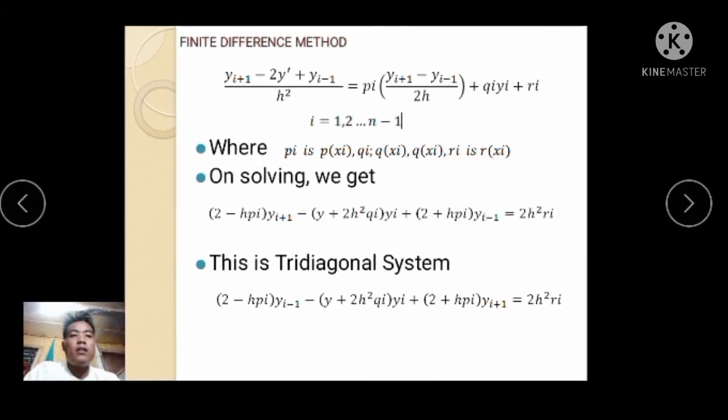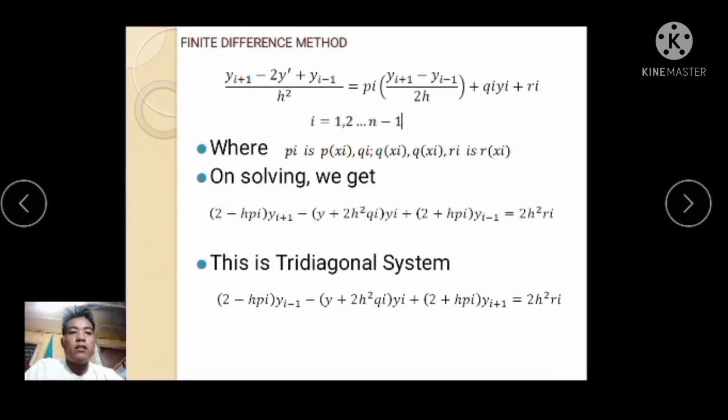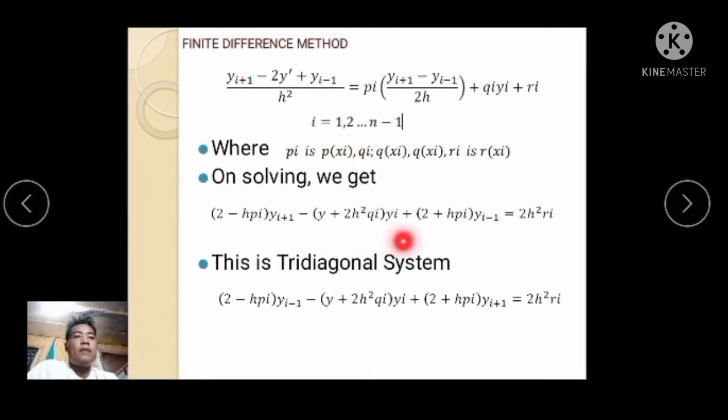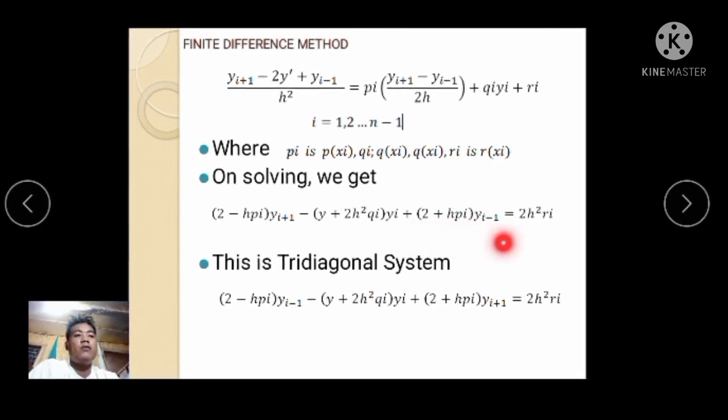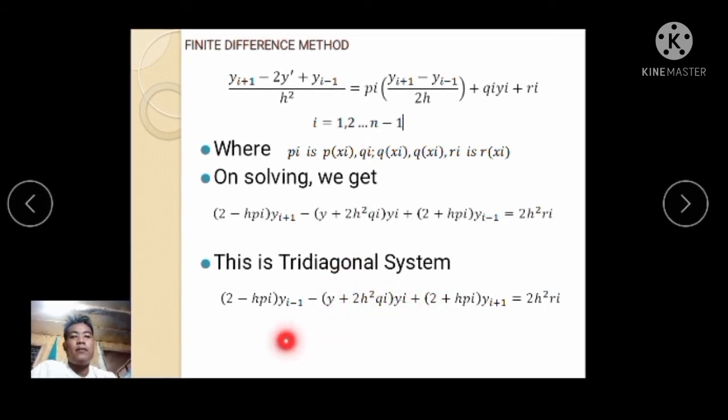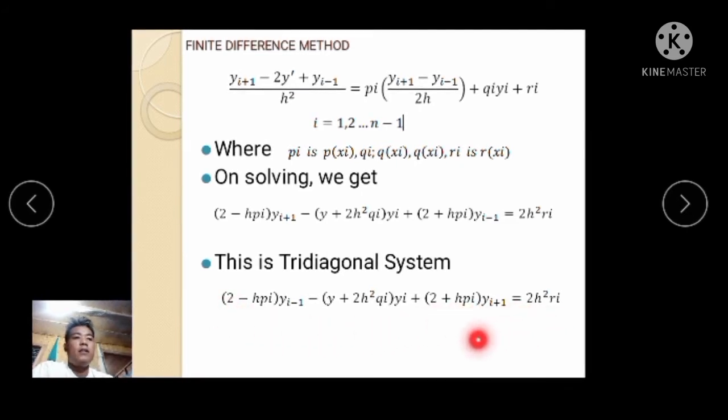On solving, we get quantity 2 minus h p i times y i plus 1, minus quantity 2 plus 2h squared q i times y i, plus quantity 2 plus h p i times y i minus 1, which is equal to 2h squared r i. So this is a tridiagonal system. For this tridiagonal system, this is the formula.